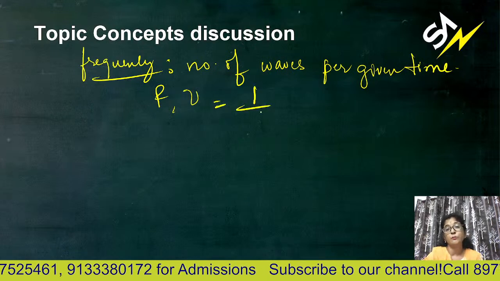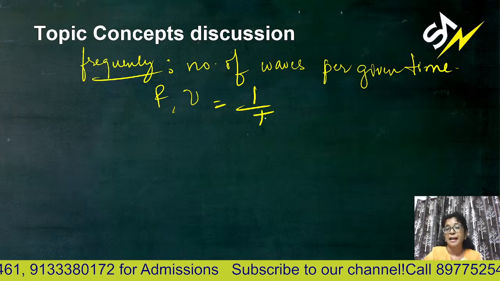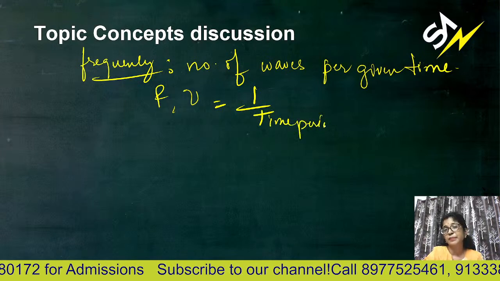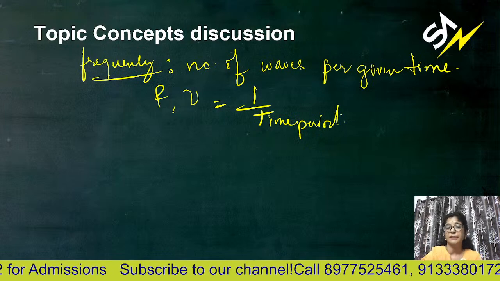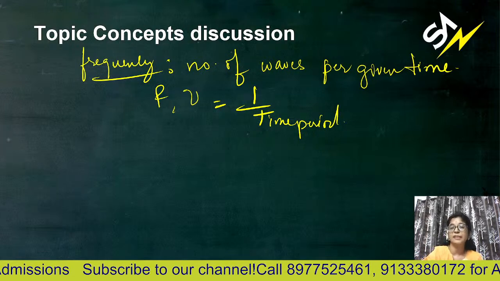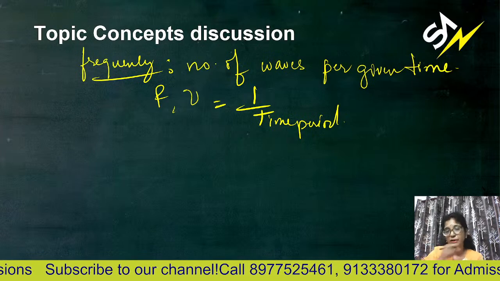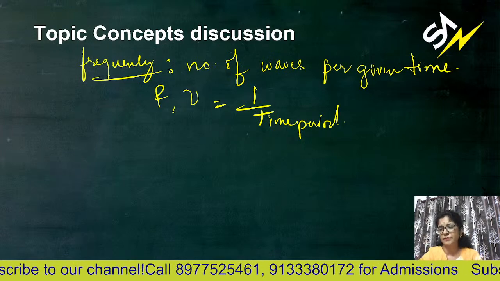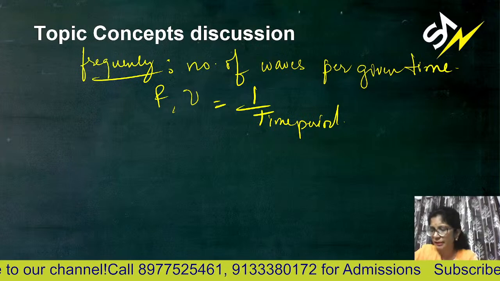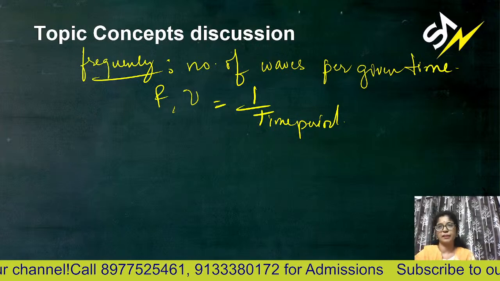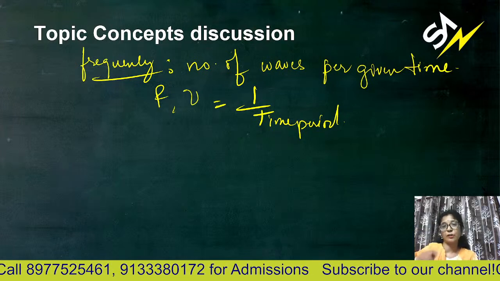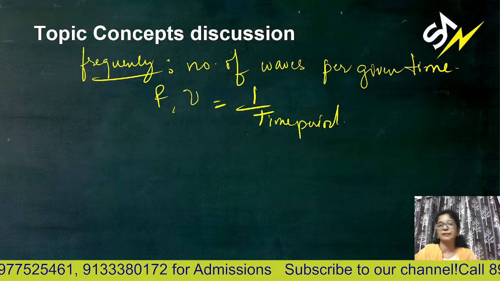Frequency is equal to 1 by T, and T is nothing but the time period. Time period is the time taken by the wave to complete one particular oscillation, like in circular motion, the time taken to complete one circle.